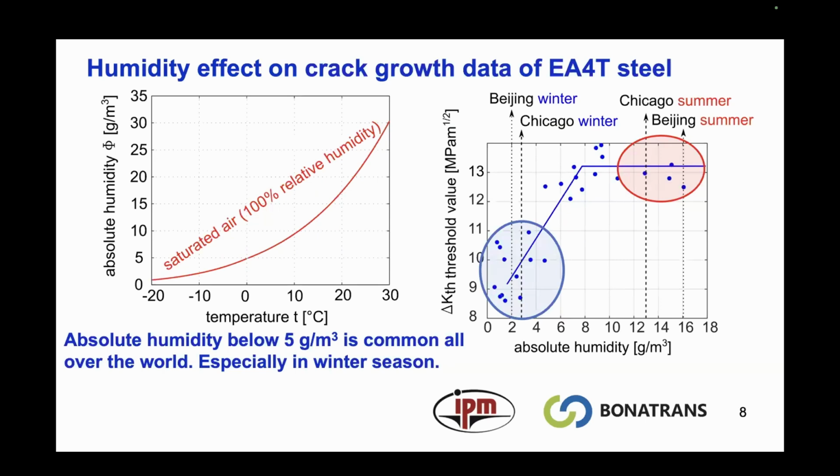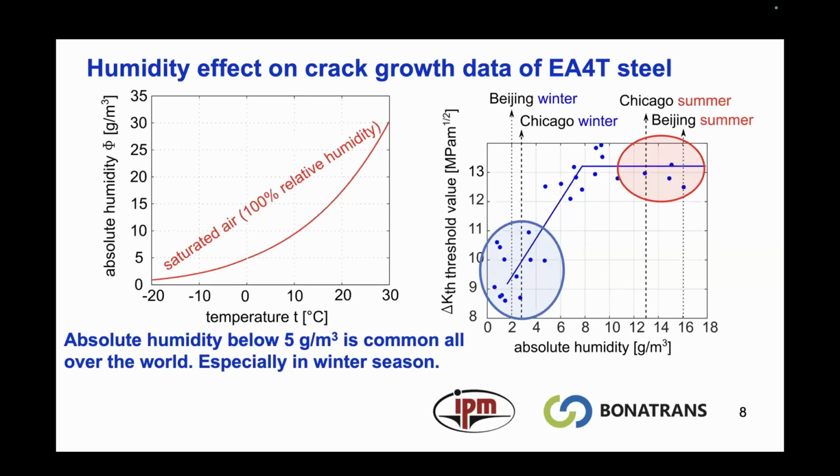So I have prepared an example of how humidity can influence the residual fatigue lifetime of a railway axle. We chose two cities where the weather during the year plays an important role, Chicago and Beijing.